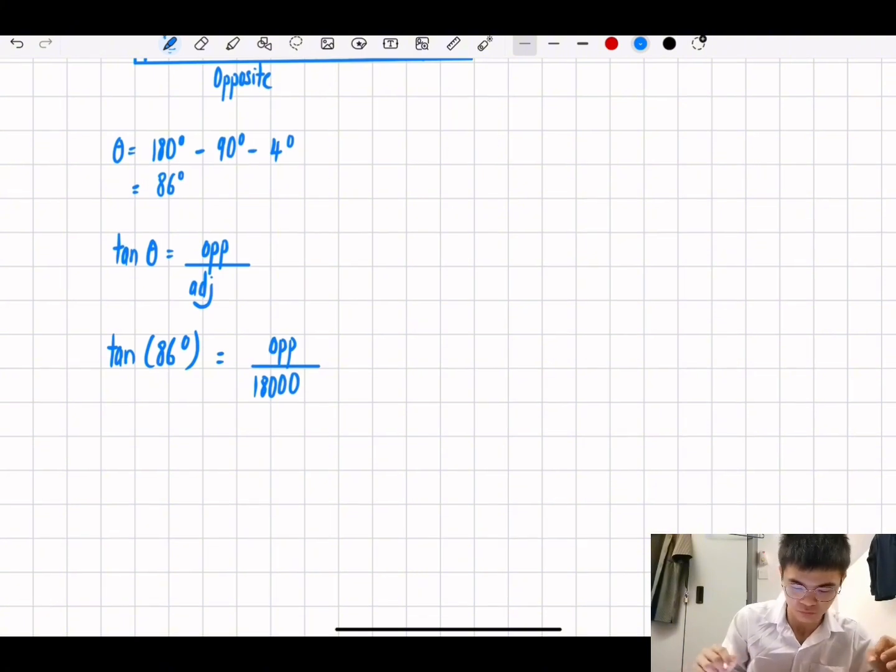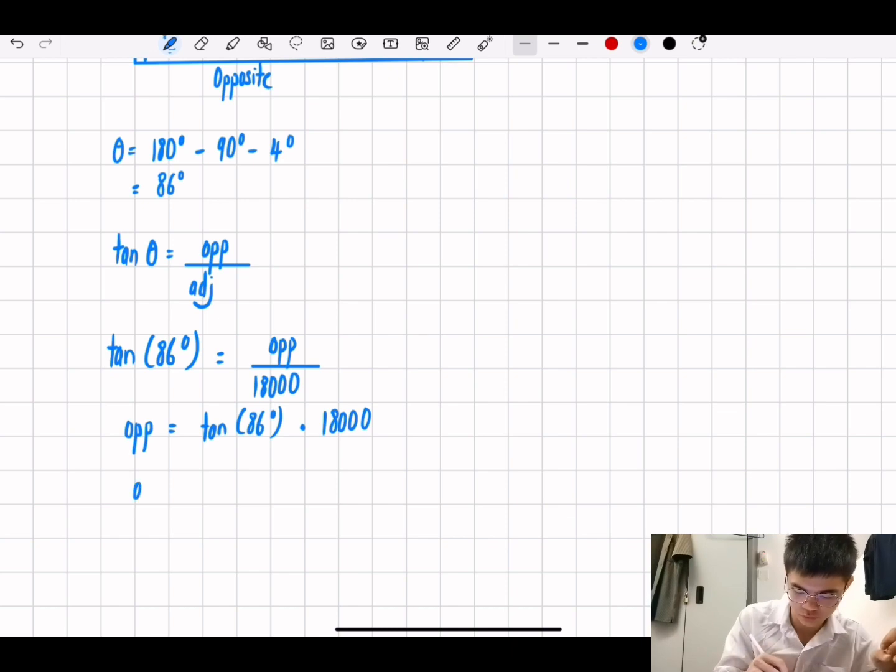So we know that opposite equals tangent 86 degrees times 80 kilofeet.